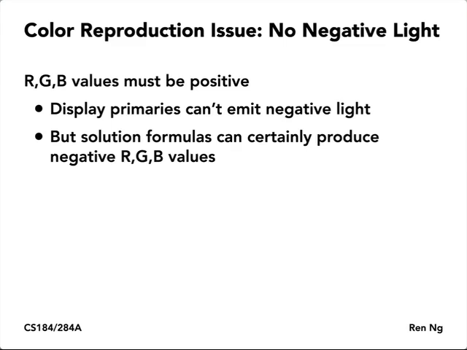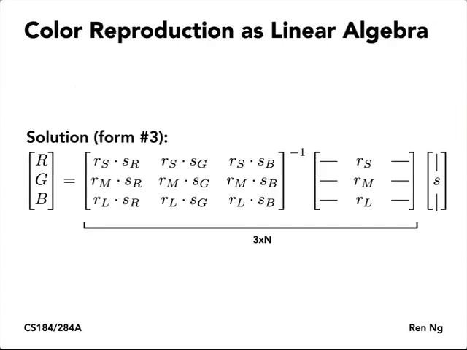So display primaries can't physically be negative, but the solution formulas that we just looked at in terms of linear algebra, in terms of matrix math on the previous slides, can produce negative numbers. Let's go back and take a look.